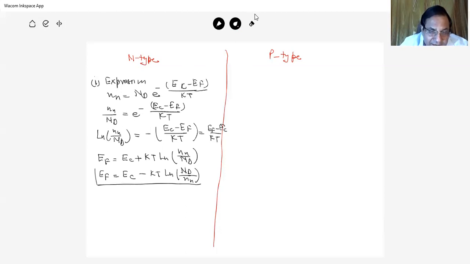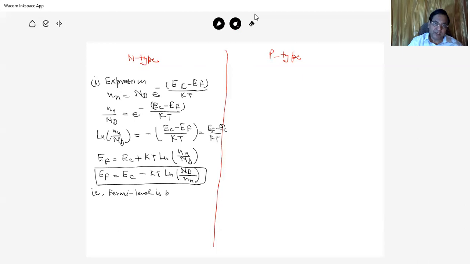And this equation says that the Fermi level is below Ec when this value Nd is greater than n. That is, Ef, the Fermi level, is below the conduction band.